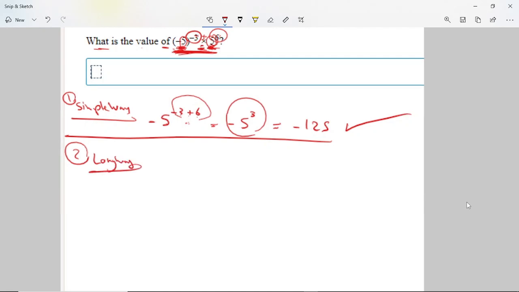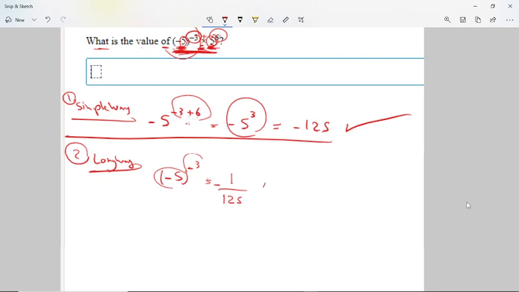Okay, the long way. I will take negative 5 to the power of negative 3. That means I will flip this number to be a denominator, so it will be 1 over negative 125.